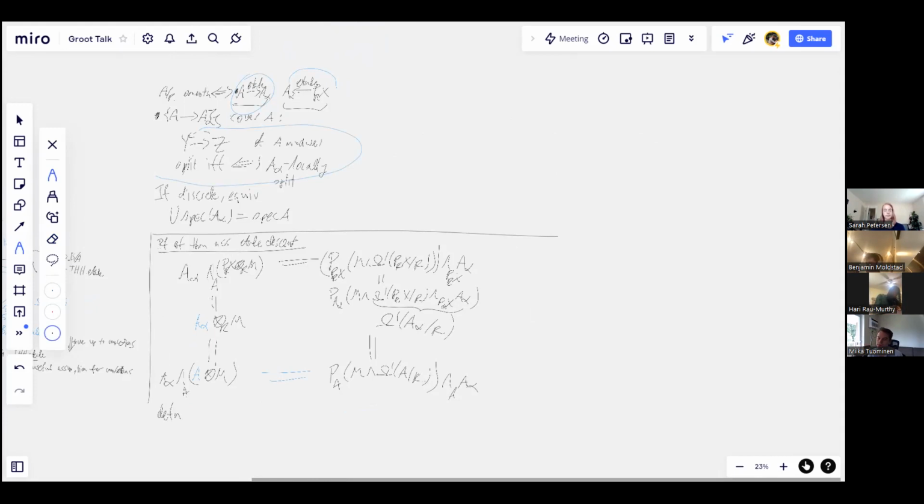So my carefully selected definition of a cover is going to imply that there is a map from the polynomial algebra on M smash omega 1 of A over R to A tensor M that induces the above equality.